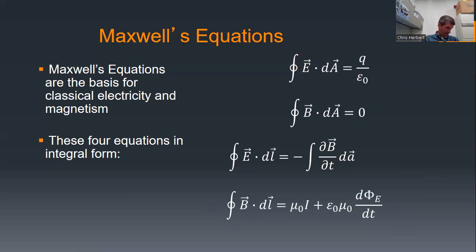Sometimes you'll see an S here to distinguish it from the circular path, indicating that the circle in the integral sign says we're integrating across this closed surface, whereas these are integrals on a closed circular path. So, the integrals aren't equivalent here.